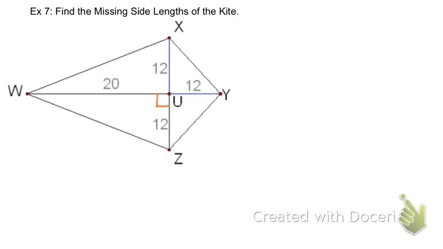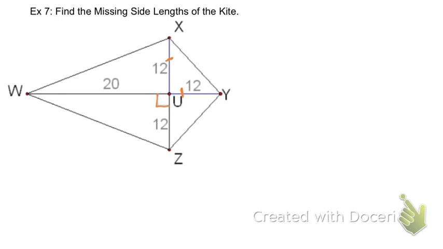Also, in this triangle up in the top right-hand corner, X, U, Y, are these two sides congruent? Yeah. So what do we know about when the 2 legs of a right triangle are congruent? What kind of triangle is this? Isosceles right, which is also 45, 45, 90.